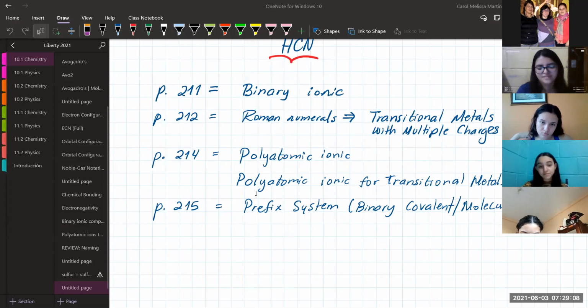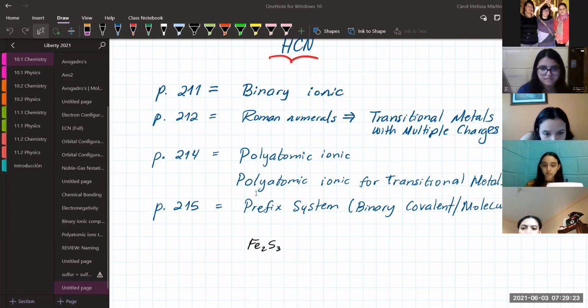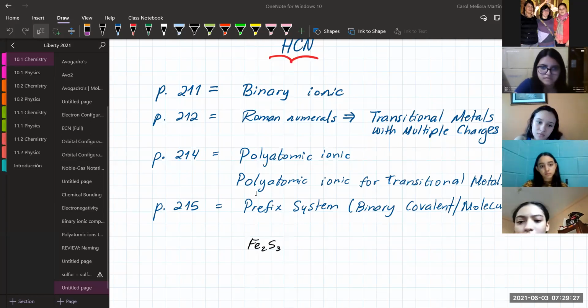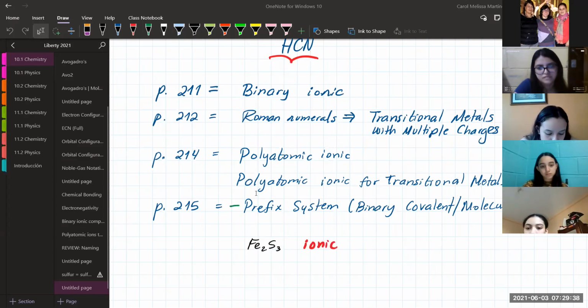So, for example, my students can write this like this. What kind of compound is that? Ionic or covalent? That's the first question you always have to ask yourself. It's ionic. But many people, after I teach this topic, that's why I don't like it.